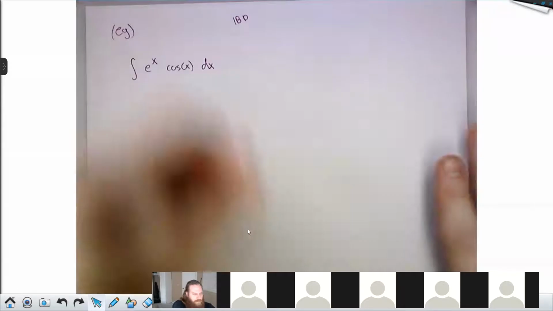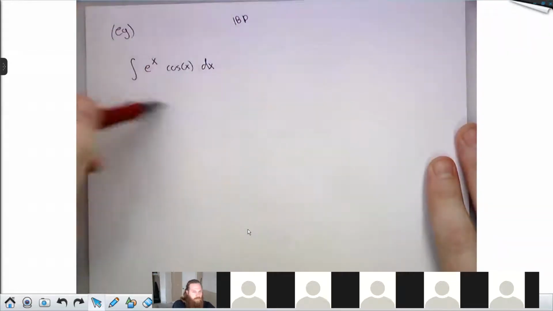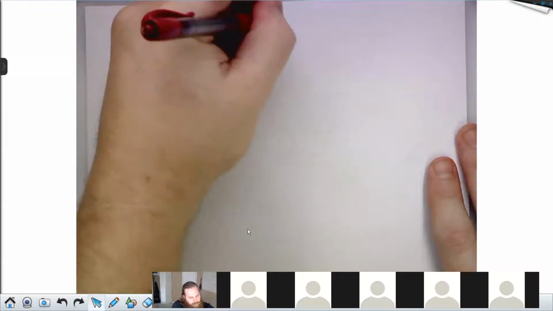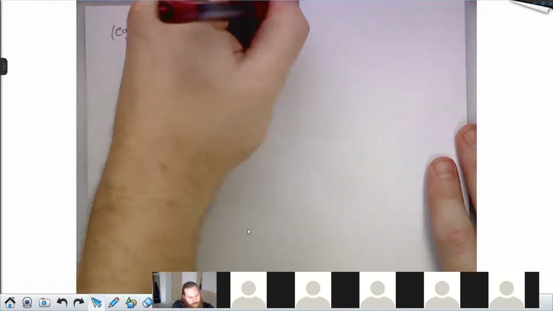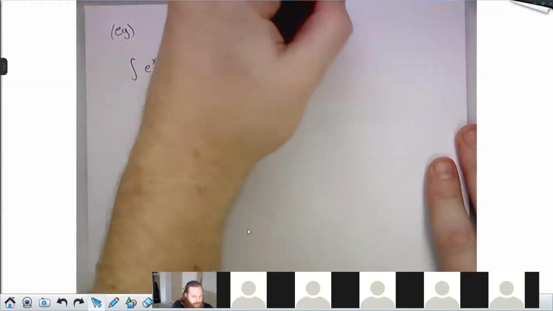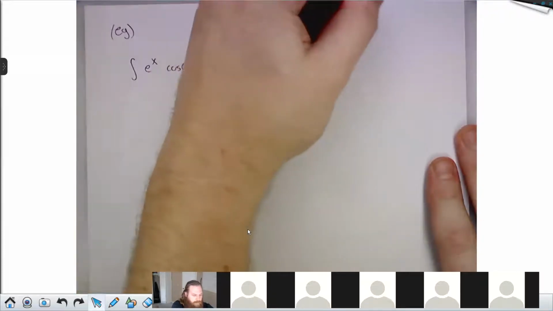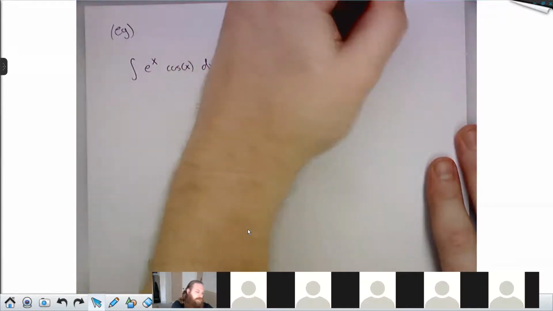If you follow your LIPET rule, there are no logs, there are no inverses, there are no polynomials, but there is an exponential. So I will pick u to be my exponential, which means dv needs to be everything else, which in this case is cos x dx.